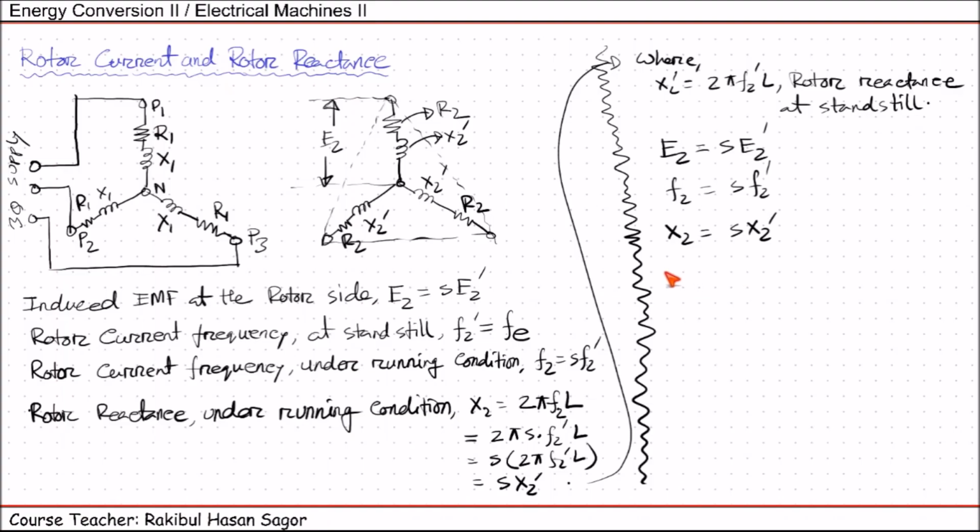So at standstill, the rotor current per phase will be equal to, as we are considering standstill conditions, let's name it I2 prime. I means current, 2 means rotor side, prime means at standstill. So at standstill, the rotor current per phase I2 prime equals this EMF divided by this complete impedance.